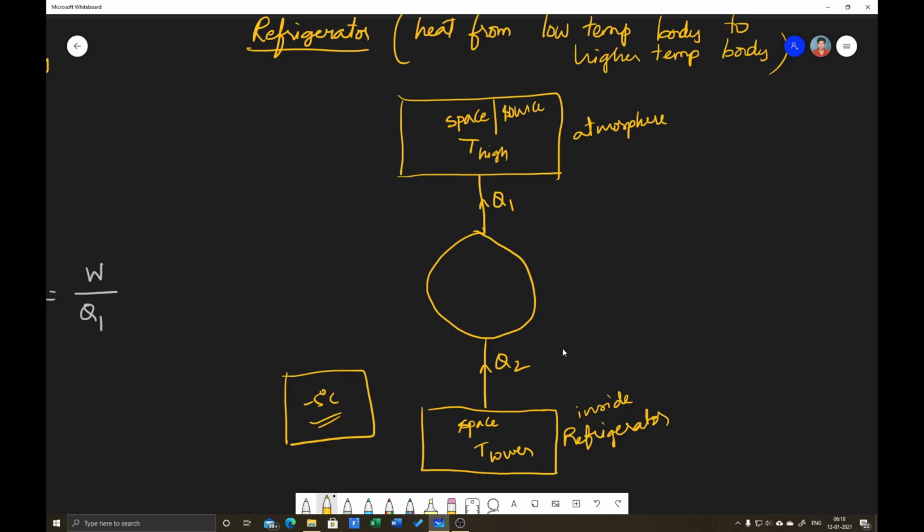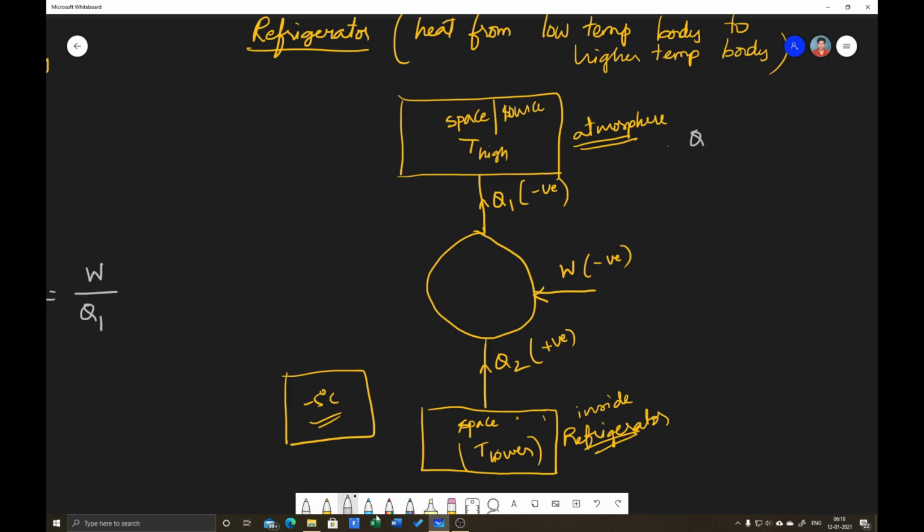So here what happens is heat is transferring from inside the refrigerator to the atmosphere, which is at a higher temperature. This is at lower temperature. Okay, so you have to give work. Here work is negative. This is negative, this is positive, this is also negative.